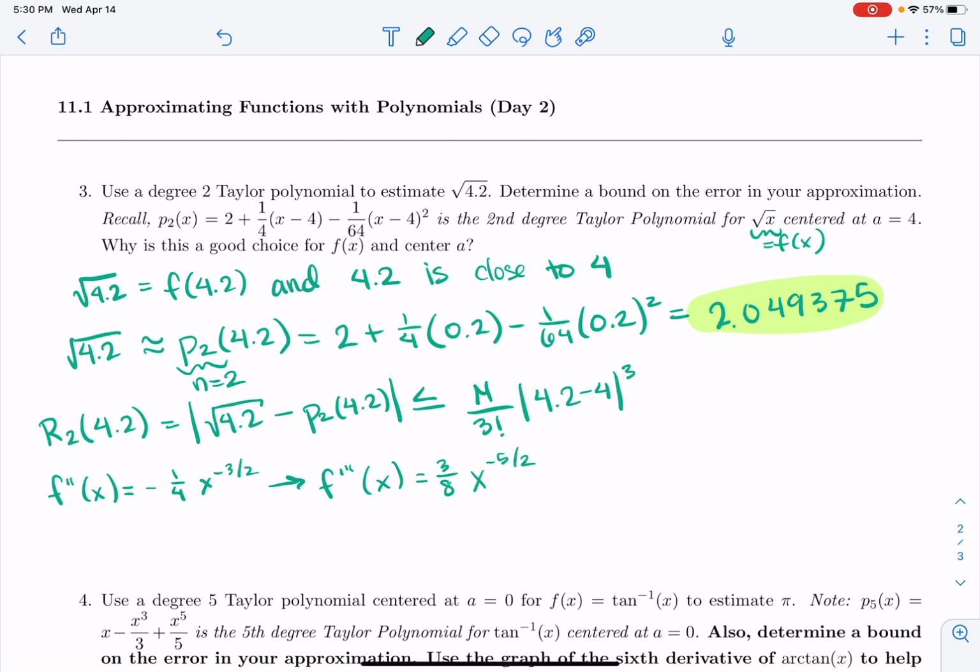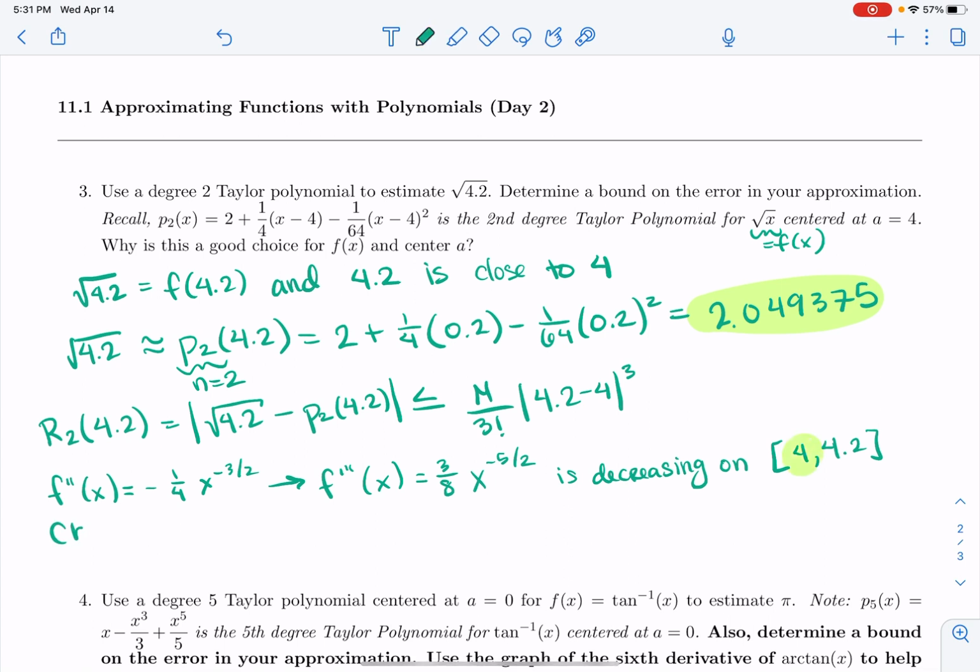Now again, we have x growing in the denominator, which means this thing is decreasing everywhere, and specifically decreasing on the interval which we care about, which is 4 to 4.2. So if it's decreasing on the interval, that means we want to plug in the lower bound.